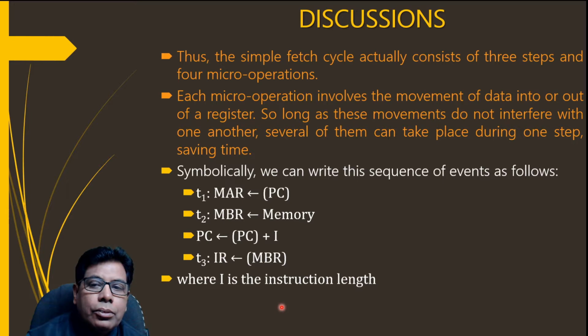Here we have seen the registers: program counter, memory address register, memory buffer register, and the IR, the instruction register. So when we are defining it, during T1, the program counter contains the address of the next instruction to be executed. It is loaded into the memory address register.